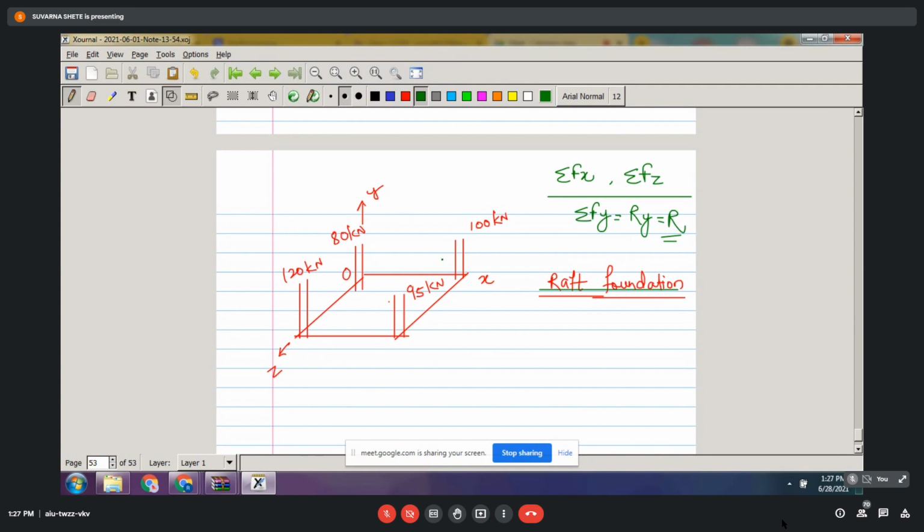So two equations you can directly skip, like here I can skip these two equations and directly write summation Fy is Ry, which is R. Now suppose these are the downward weights or point loads transferred by columns, and it is asked to find their resultant and to locate it.